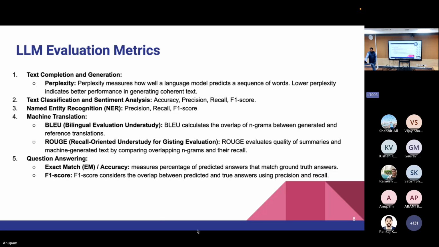These are some of the metrics for RAG, and the ones which are very related to RAG are this recall oriented score. What it does is it tries to match or compare whatever context was provided and whatever response was generated. It tries to find the overlap between that. So this is a very good metric for RAG.